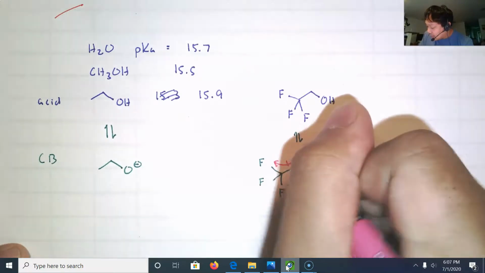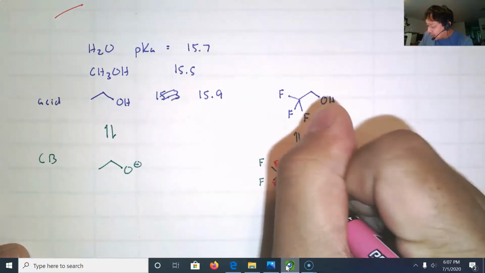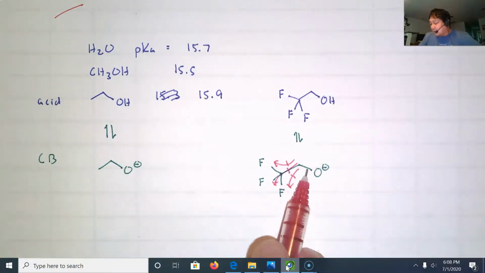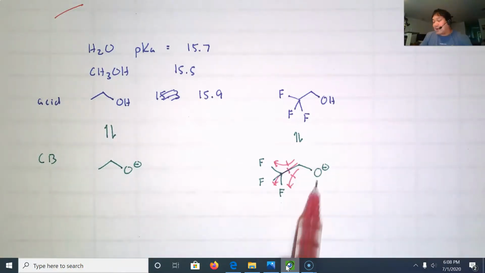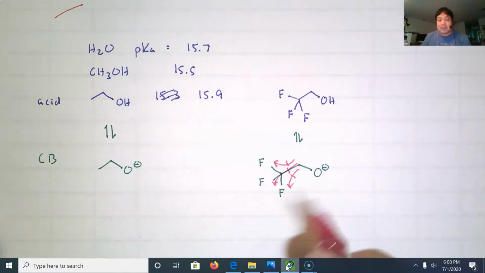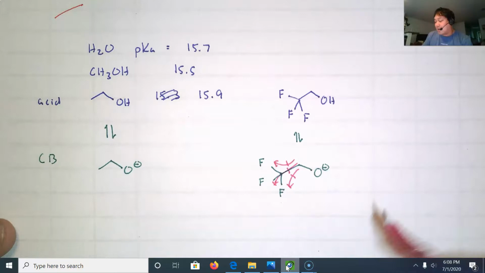So I'm drawing 3 dipole arrows, and I am going over multiple bonds. 1, 2, 3. So the fluorine and the oxygen are separated by 3 bonds. It doesn't matter; fluorine is still strong enough to pull electron density away from the oxygen. And literally you are sharing that charge between oxygen and these 3 fluorines.